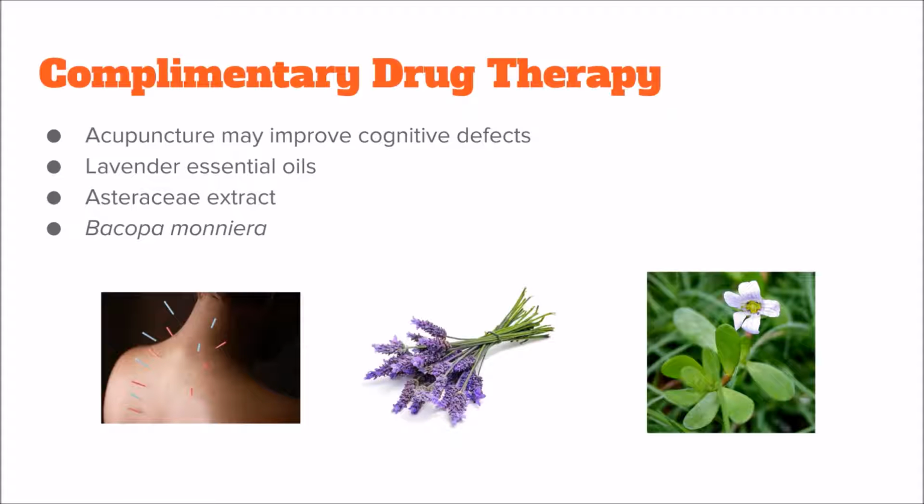So complementary drug therapy: a study done with acupuncture showed that acupuncture may improve the cognitive deficits caused by scopolamine. In a study done with scopolamine-induced dementia, lavender essential oils significantly increased antioxidant and anti-apoptotic activity, so it acts as a neuroprotective agent.